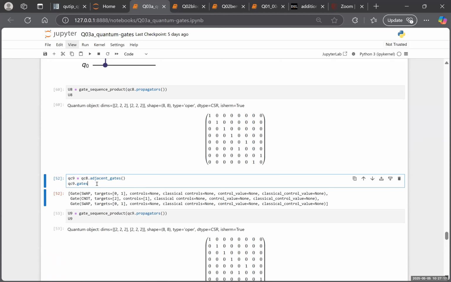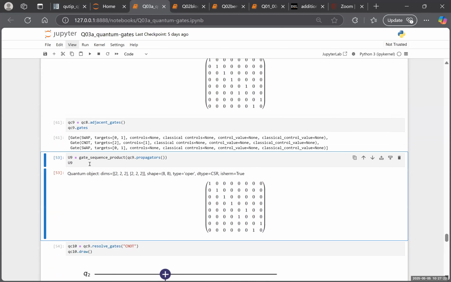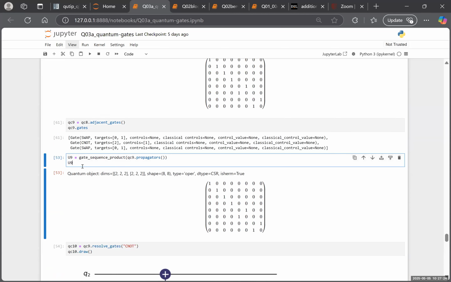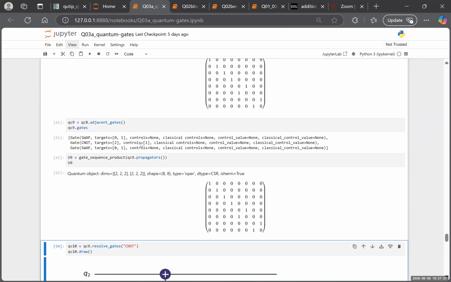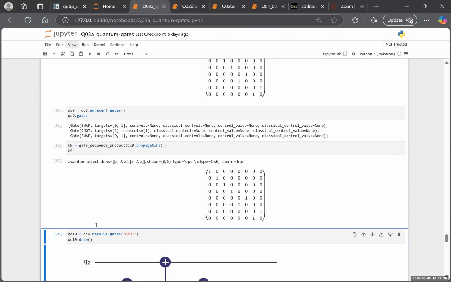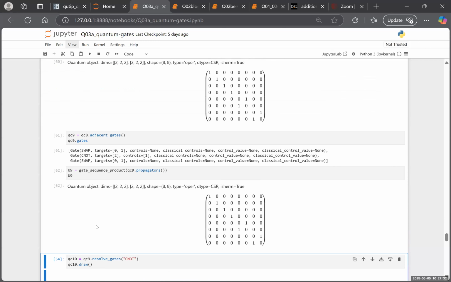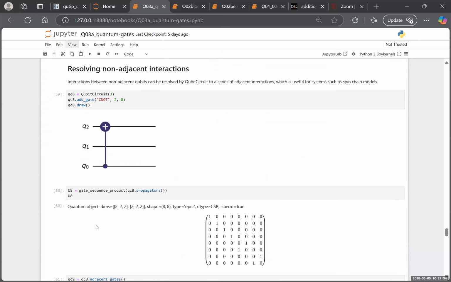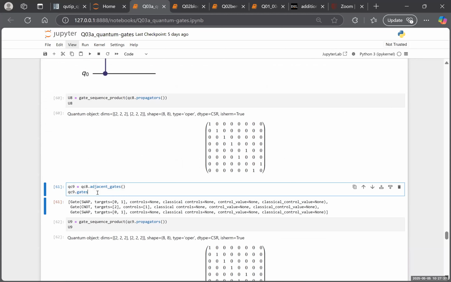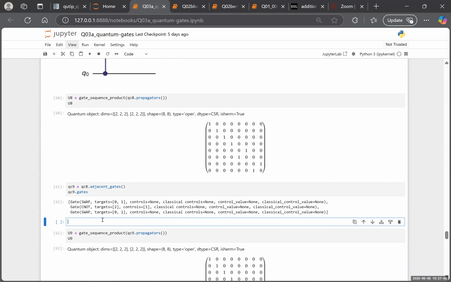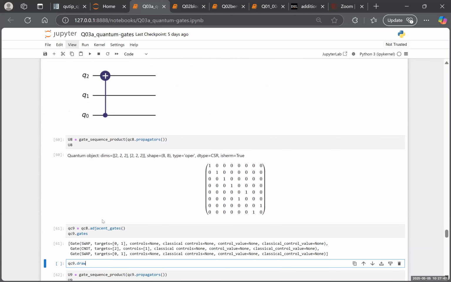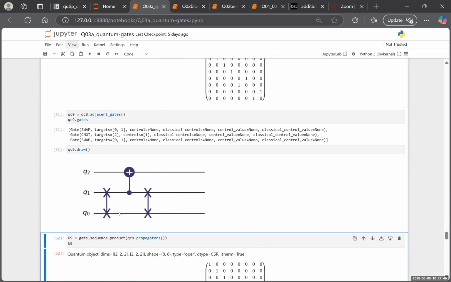QC9 would be the QCA version with adjacent gates, and it tells you what gates you can have. So you could probably draw that. QC9 draw. So this decomposes in terms of the adjacent gates.